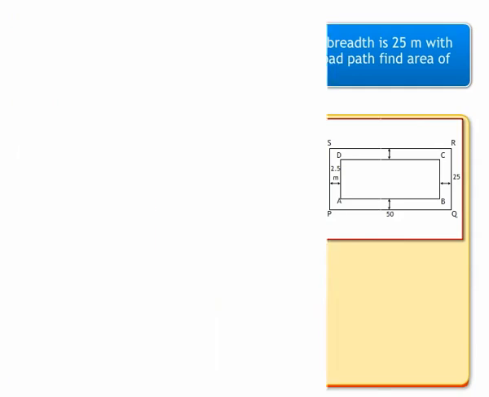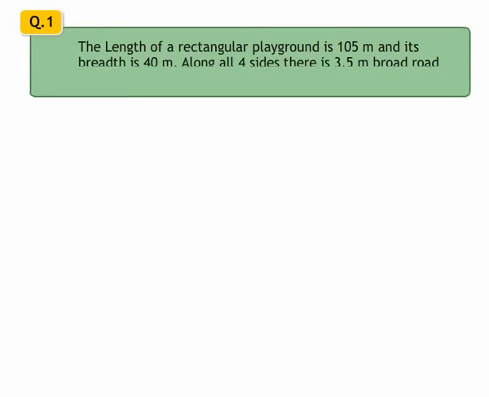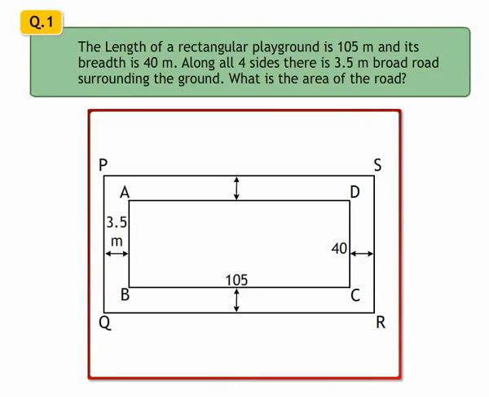Let us solve exercise 70. 1. The length of a rectangular playground is 105 meters and its breadth is 40 meters. Along all four sides there is a 3.5 meter broad road surrounding the ground. What is the area of the road?